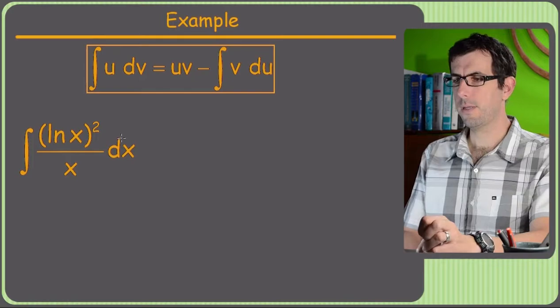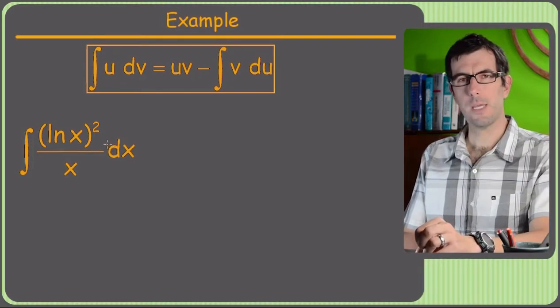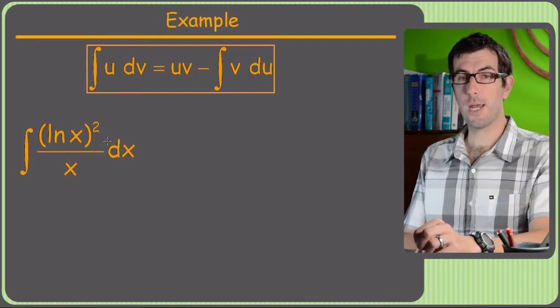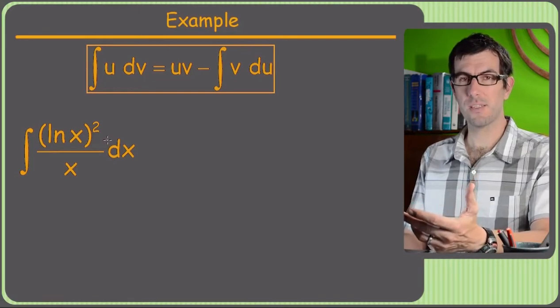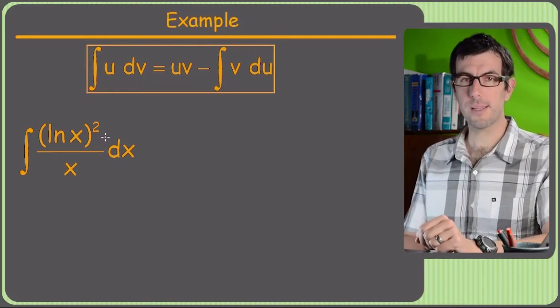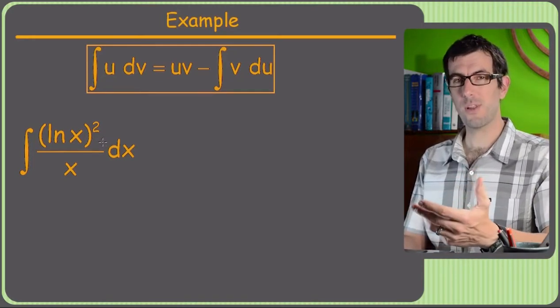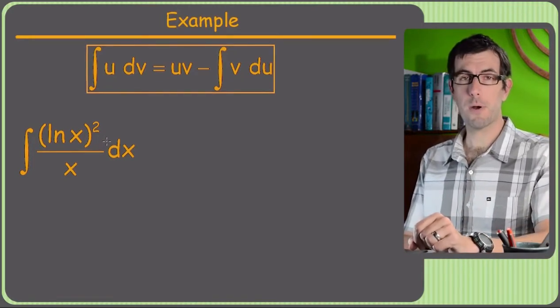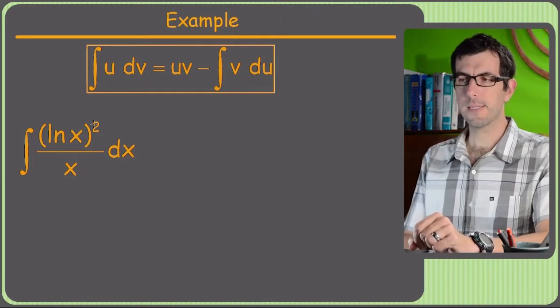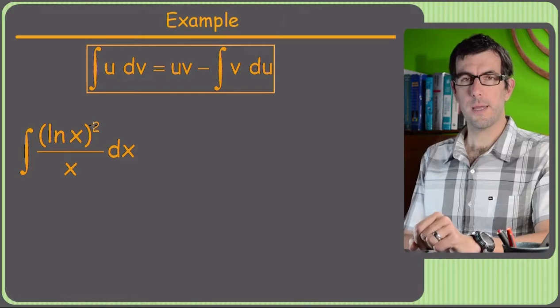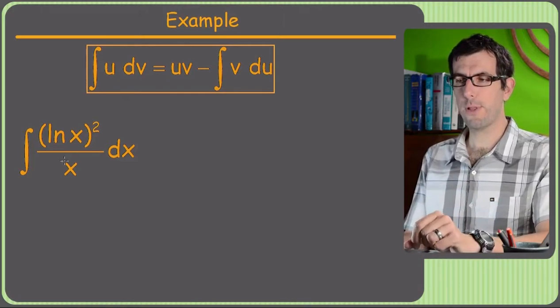All right, here's a fun one. Remember how we said we should always try u sub no matter what? Because teachers are really big fans of sprinkling in some u sub problems to try and catch you off guard, try and confuse you, make you do a lot of work, and find out that integration by parts would not work anyway. And that's going to be the case here. Because for ln x squared, I'm real tempted to use the power rule on that.